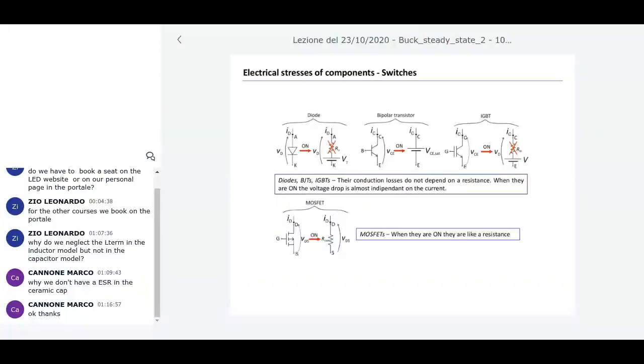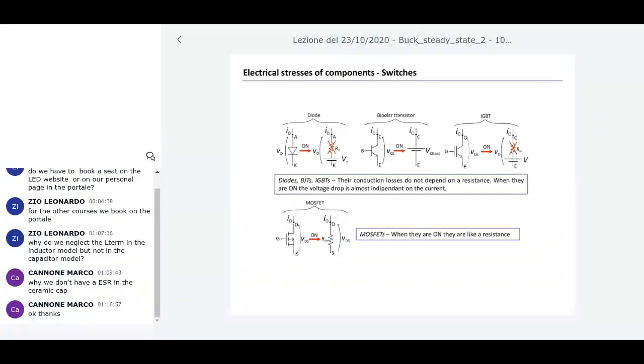This is a parameter we have to compute, or at least estimate, because it can shorten the lifetime of the capacitors and decrease the efficiency, etc. So this is very, very important.